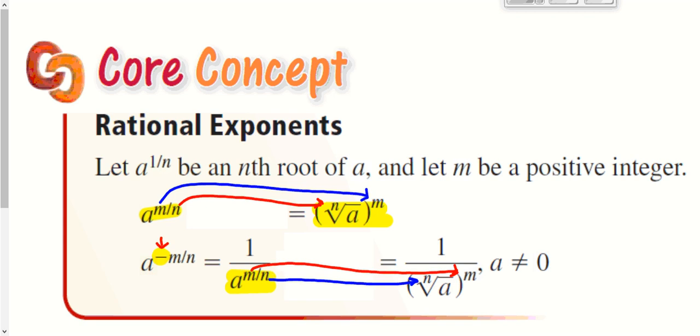So that's just using your exponent rules. And then there's a little thing out here that says a cannot equal 0. So if I have a to the negative m over n, it changes to 1 over a to the m over n, which ultimately will change to 1 over the nth root of a to the m power.